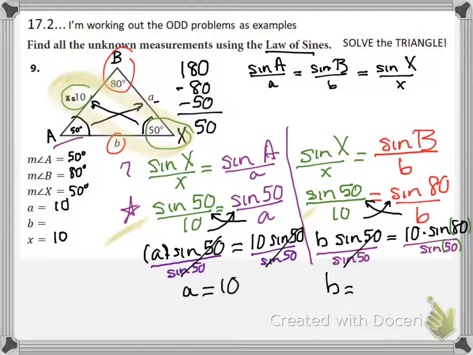When I type that into my calculator, it actually looks like this: 10 times sine 80 divide sine 50. And if I don't have parentheses right here to end my 80, it's going to think divide by sine 50 is inside the original sine.